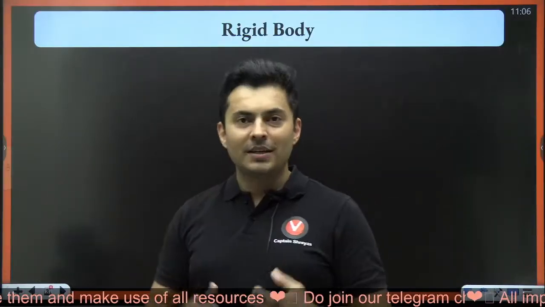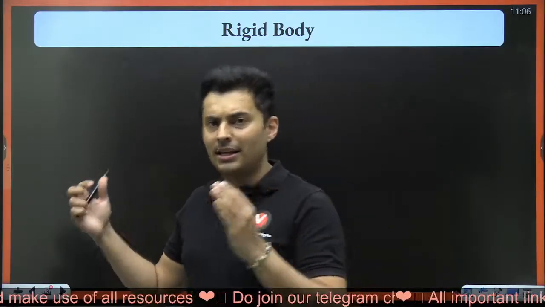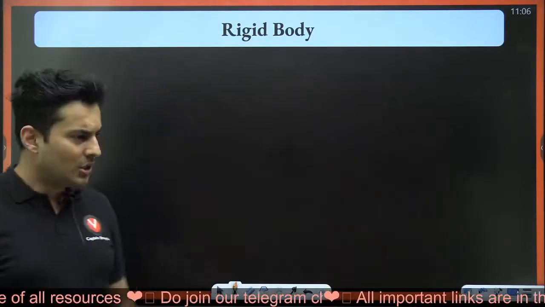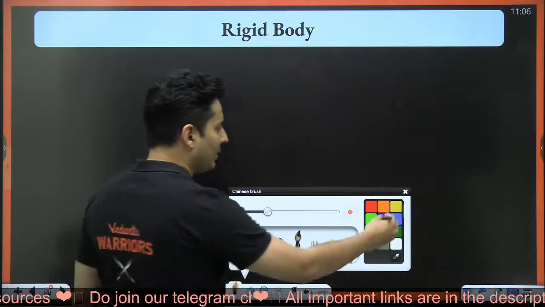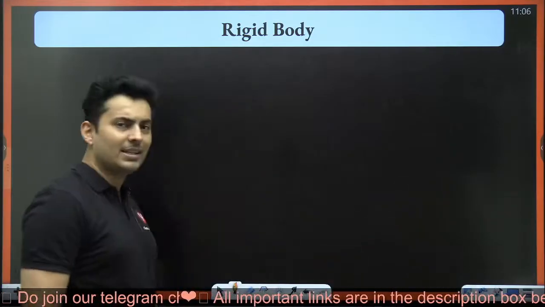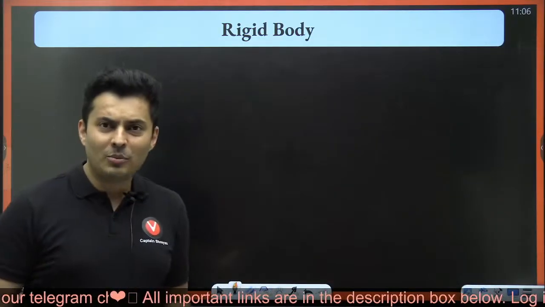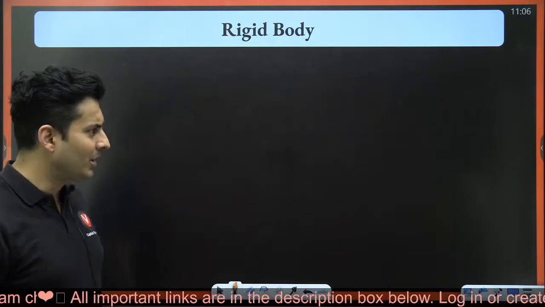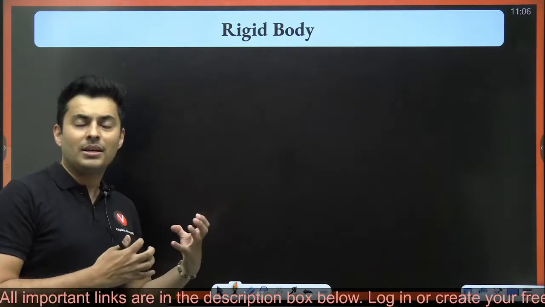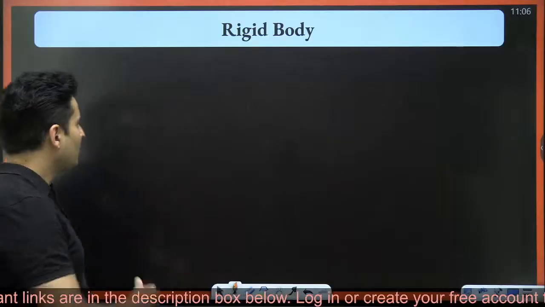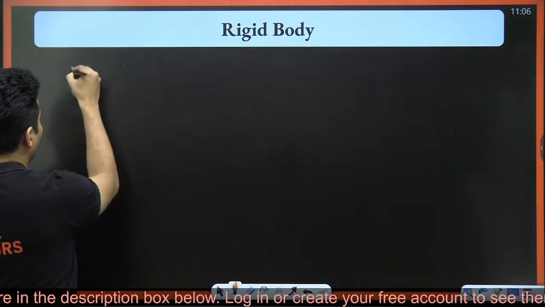Starting off with rigid body, solids, elasticity, all these topics are more or less connected to each other. So first let's understand what is the meaning of a rigid body, elastic body and plastic body, because that is what this chapter is going to start off with. There are 3 kinds of bodies that we are going to talk about.